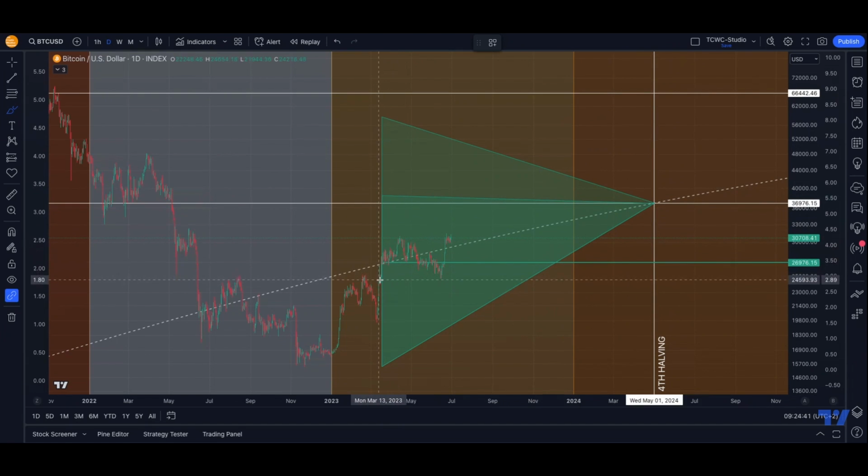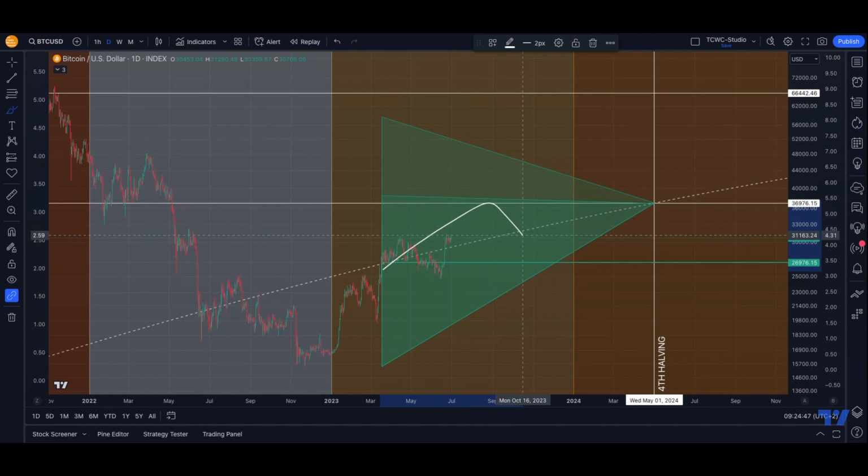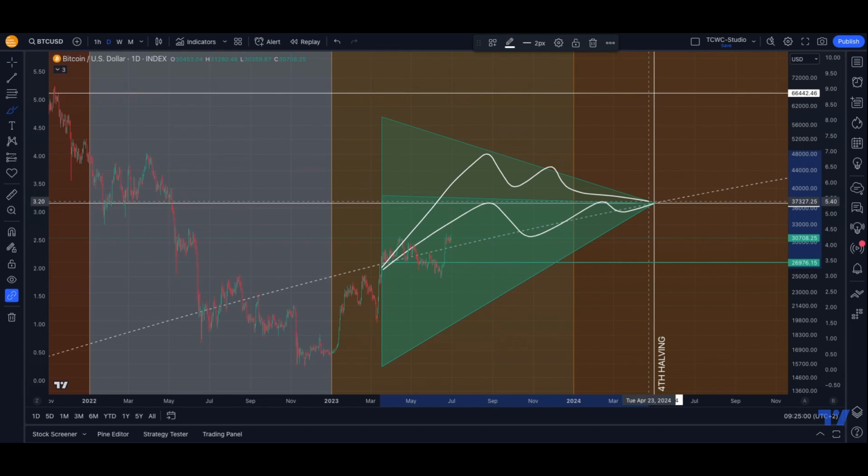All right, and so we trade within either the upper or the lower cumulus triangle. And on average, we usually trade towards the upper boundary of one of these two triangles.